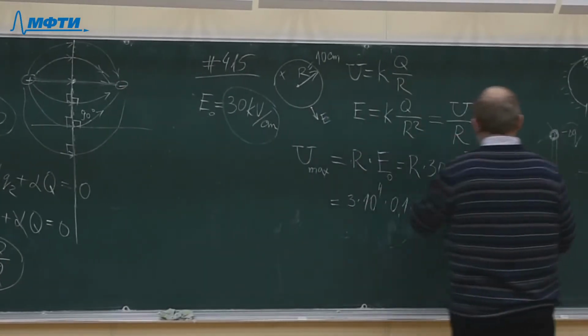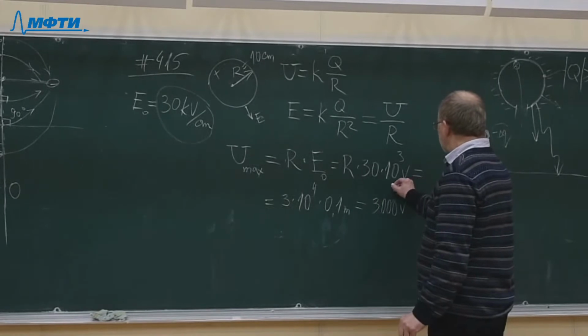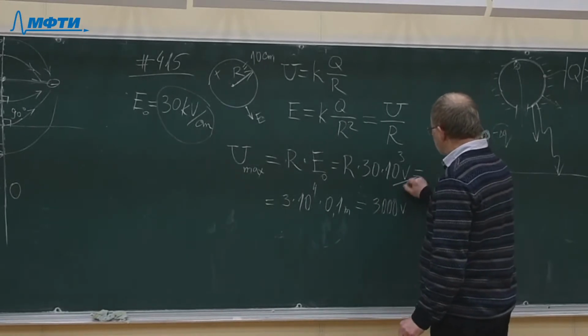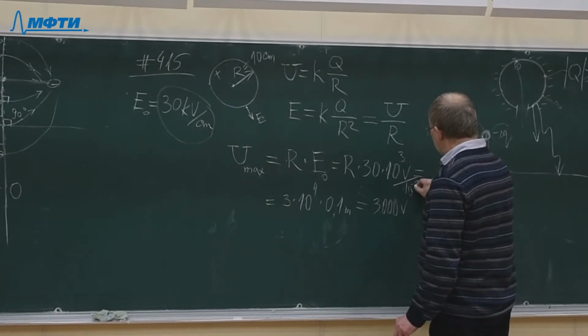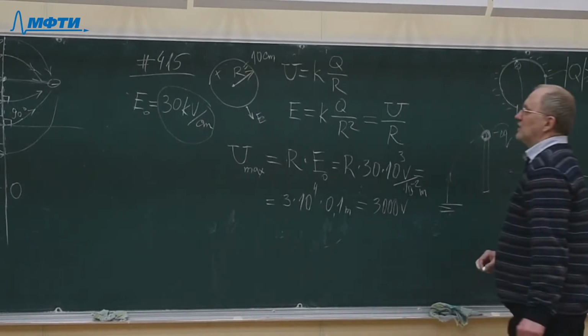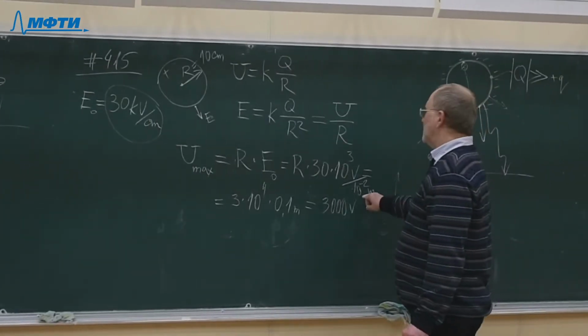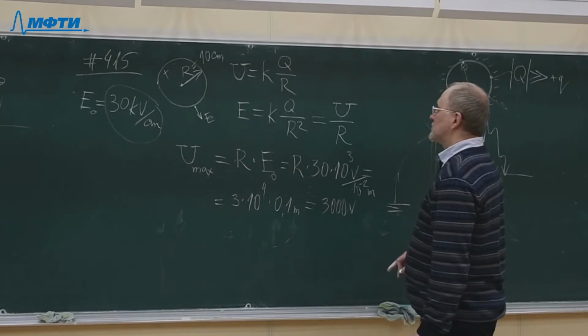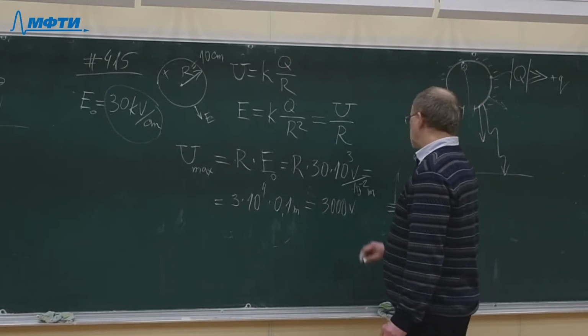Certainly, I have forgotten about it, and 1 centimeter is 10 to the minus 2 meters, and in the final answer we have to use only the units of the international system.